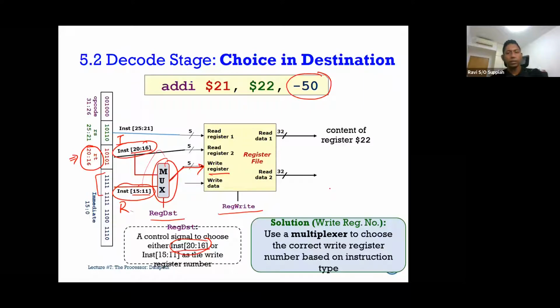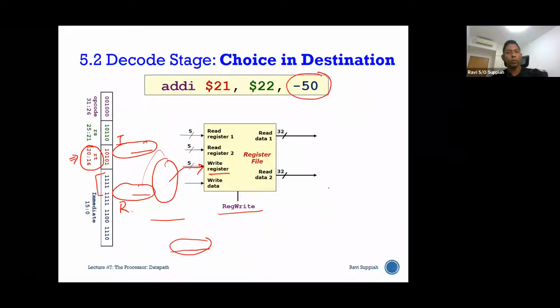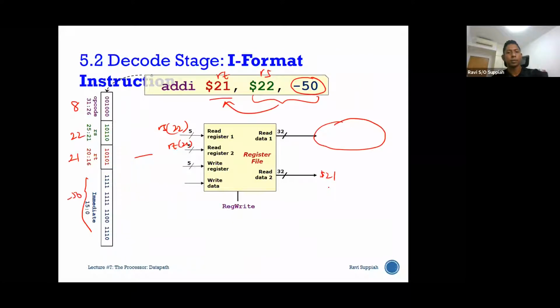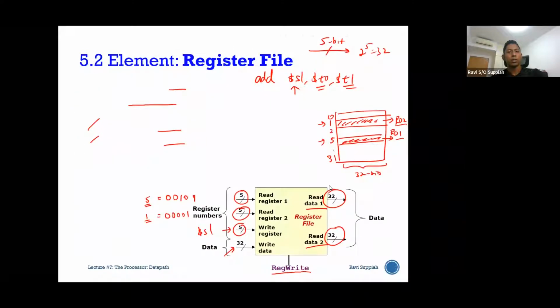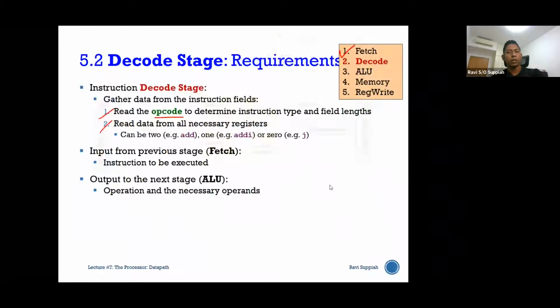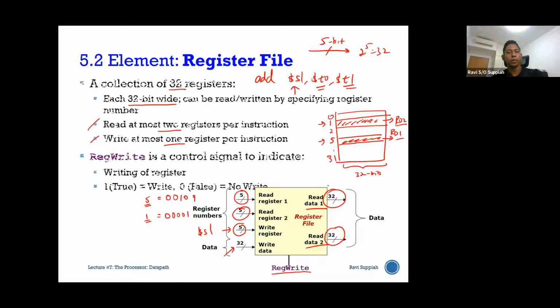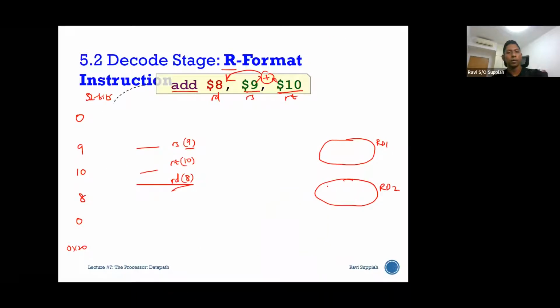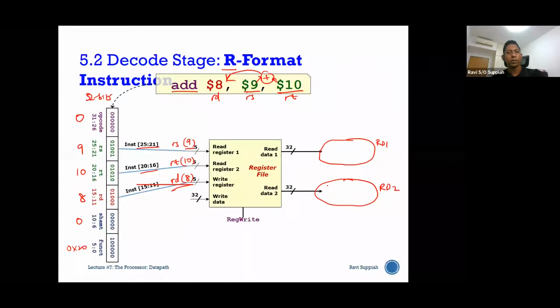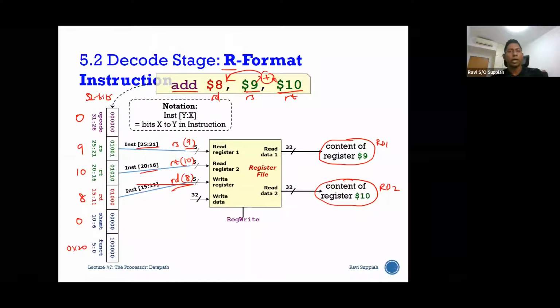As you can see previously, if I go back to the R type, for the R type instruction everything falls in place very nicely. Bits 25 to 21 are one of the registers I want to read, so it maps directly to read register 1.